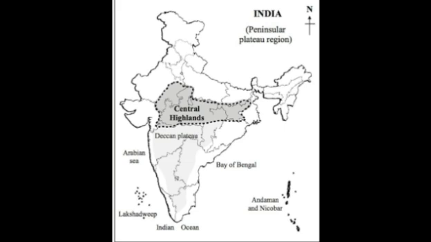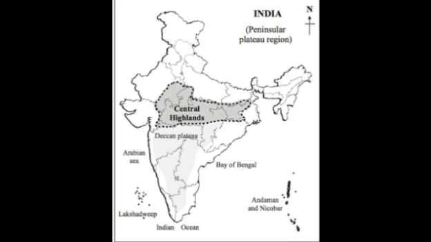The Peninsular Plateau has been divided into two broad divisions by Narmada River, namely Central Highlands and Deccan Plateau. Now we will learn main features of these two broad divisions of Peninsular Plateau one by one. The Central Highlands.